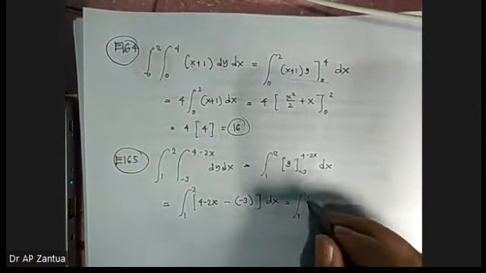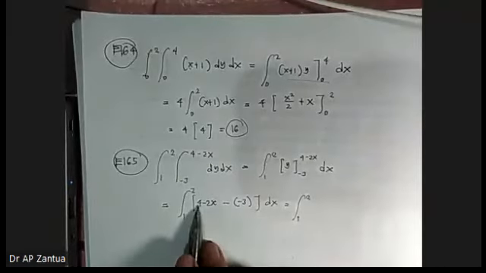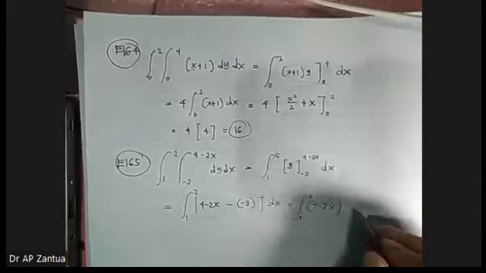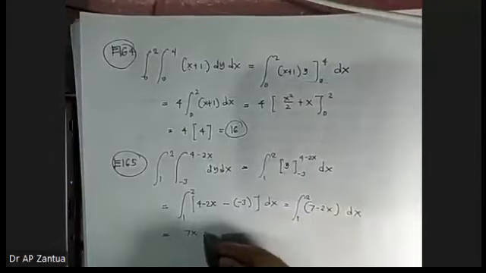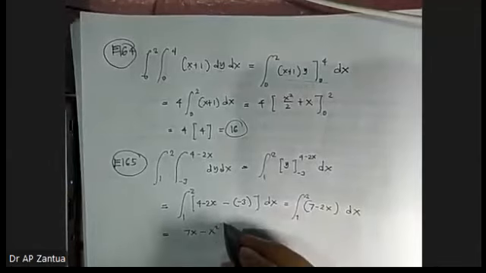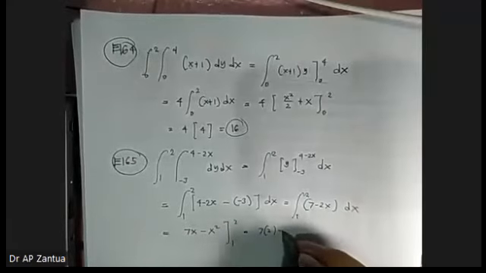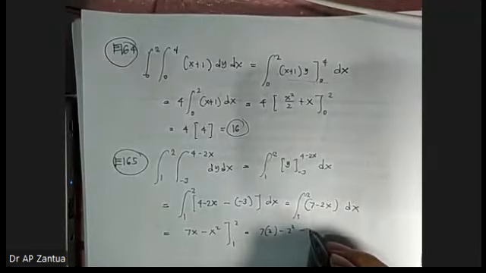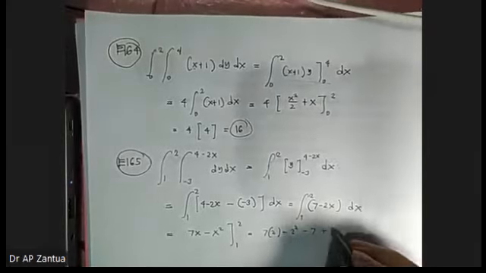So negative negative is plus. So 7 minus 2x, and then this is dx. So integrate that. That is 7x minus x squared, from 1 to 2. So substitute the 2: 7 times 2 minus 2 squared, minus 7 times 1, minus 1, minus minus plus 1.